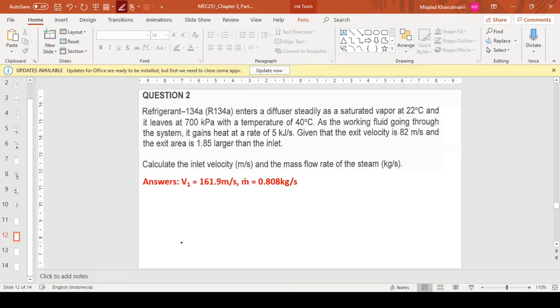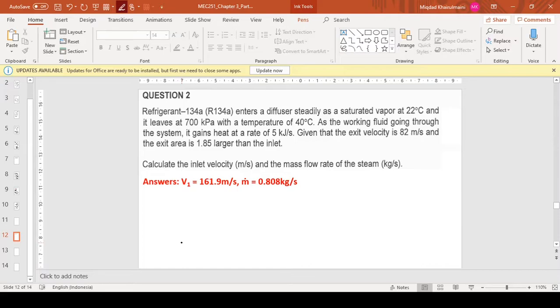The inlet condition at state 1 is temperature 22 degrees Celsius and the phase is saturated vapor, and it leaves at 700 kilopascal, meaning that at the exit state 2 the pressure is 700 kilopascal and the temperature is 40 degrees Celsius.